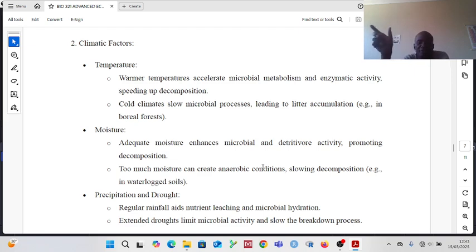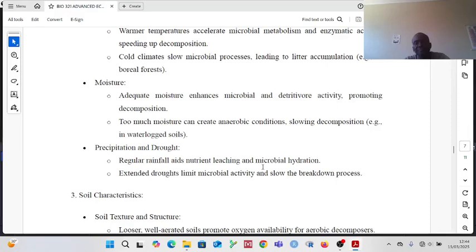So when the moisture is adequate, then we have higher microbial activity, higher detritivore activity. Therefore, decomposition will be promoted. Too much moisture will create anaerobic conditions, which will slow down decomposition. So it means you don't need to have too much water. You just need to have enough moisture.